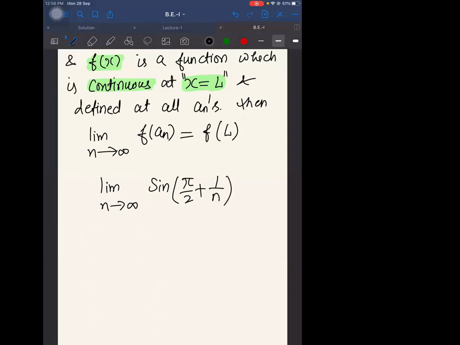Sine is a continuous function, right? Yes, sir. Okay, so that's why we can take the limit inside.